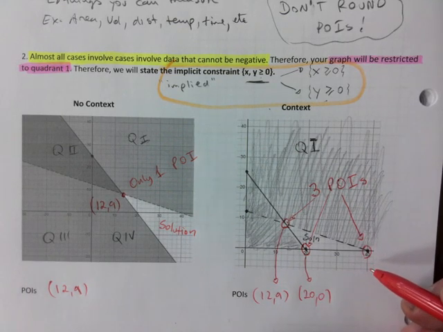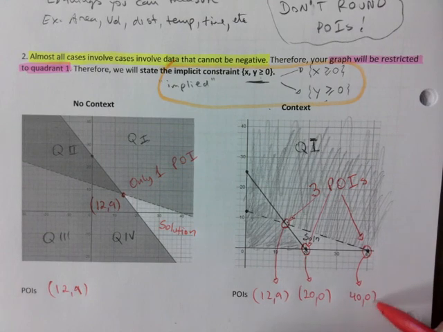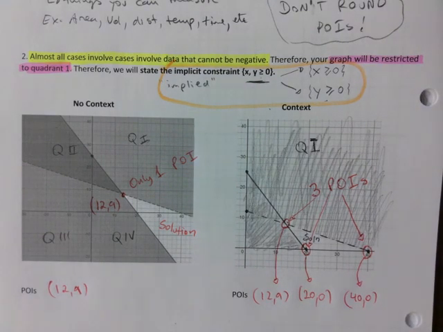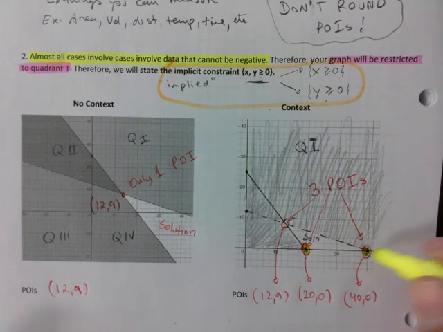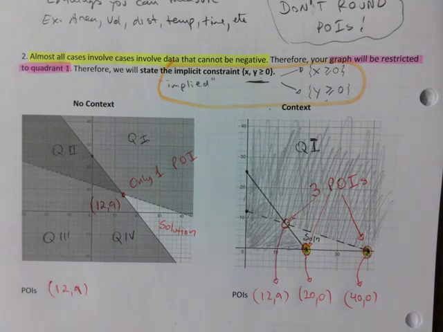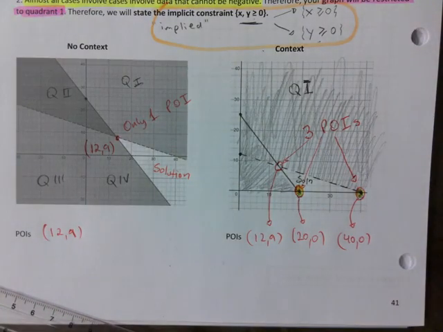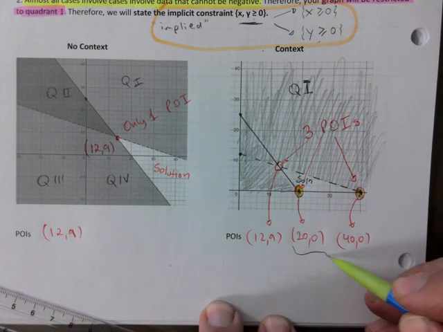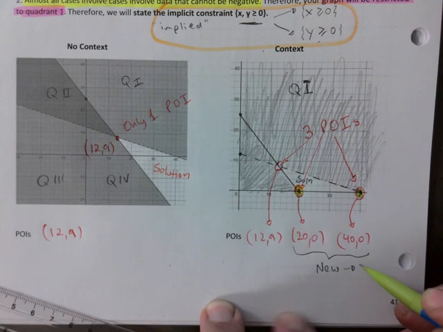We might have to use our calculators for these later on. And this one here is 40, 0. Now these two here are newer. I'm going to use a highlighter for these. I'm smudging everything up there, but those are new. These here are new because it's a word problem.